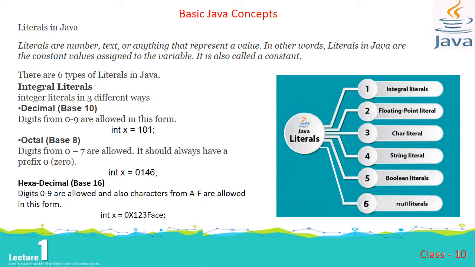For a hexadecimal number, that is base 16, the number is preceded by 0x, and the digits of the number can be 0 to 9 and thereafter A to F. The example is given here also.